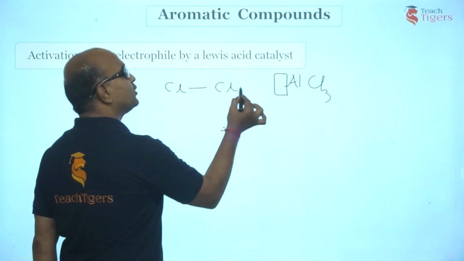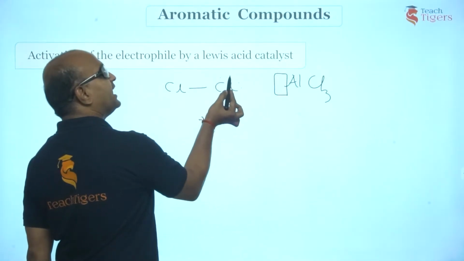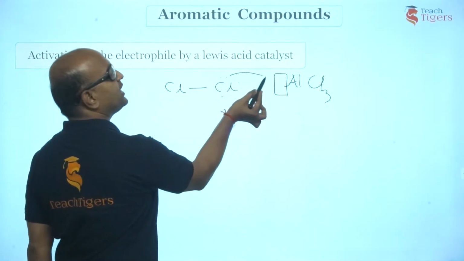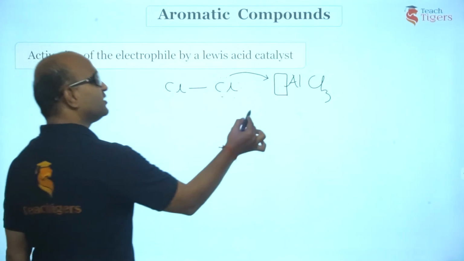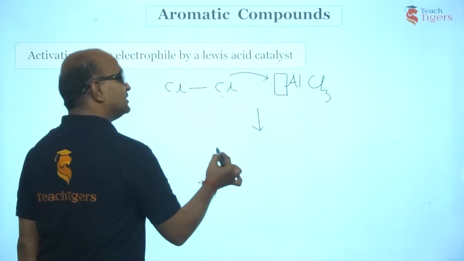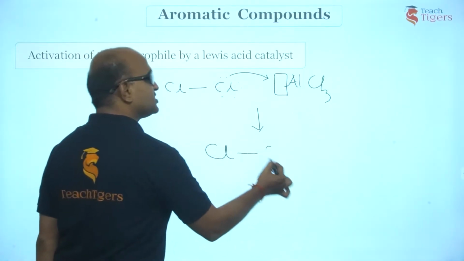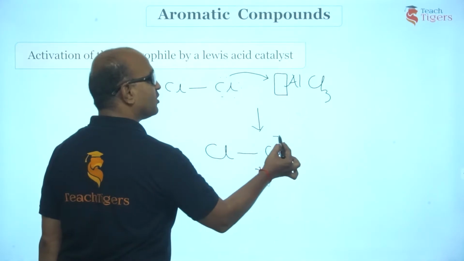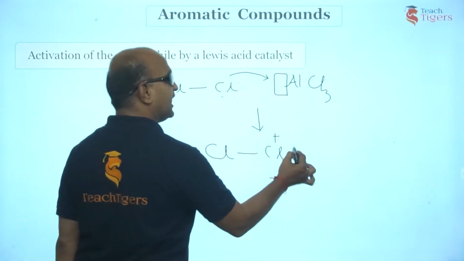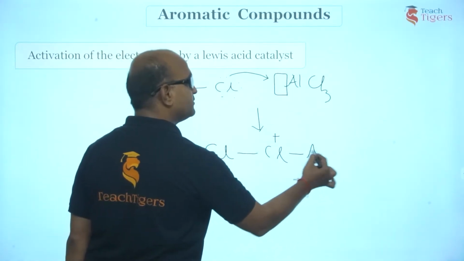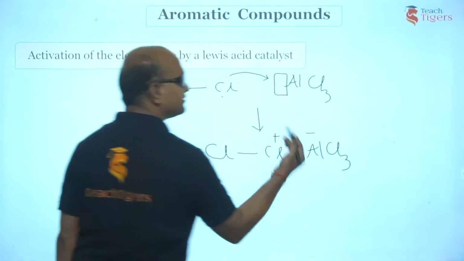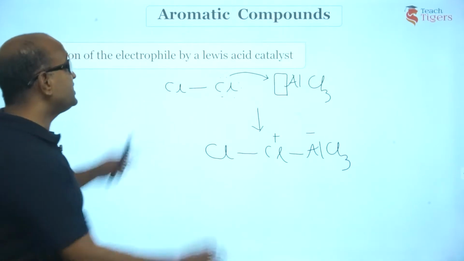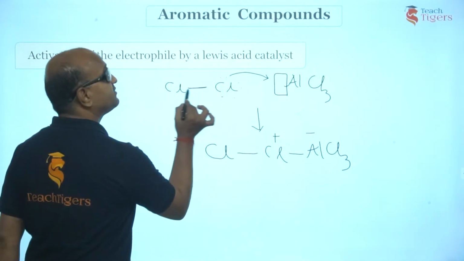Now you can see chlorine has a lone pair of electrons, and hence it tries to donate the electron. Is that clear? So what is that we are going to have? Can you tell me? This is chlorine. This chlorine, when it donates electron, it has got positive charge, and aluminium has what charge here? Negative. This is what we have. Am I right? Now you see the bond wasn't polarized in the first case.